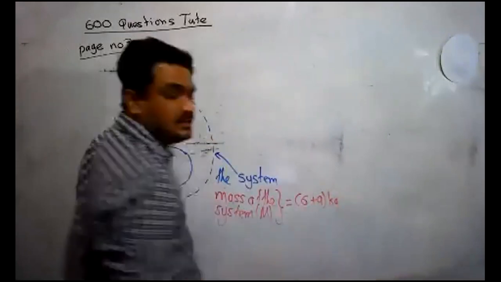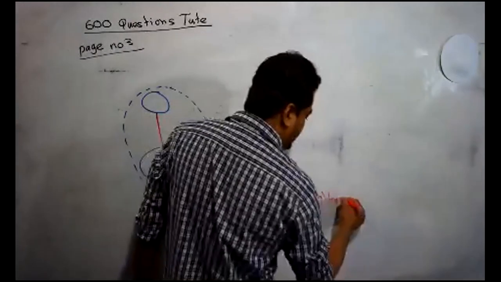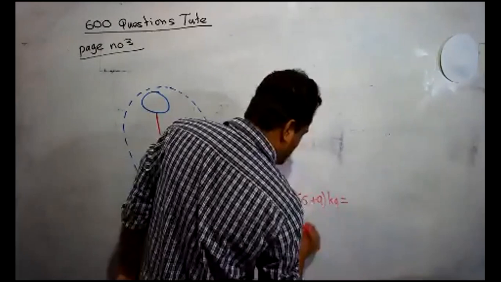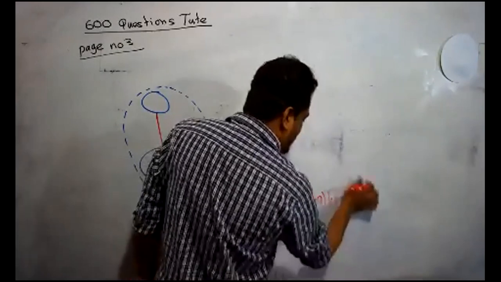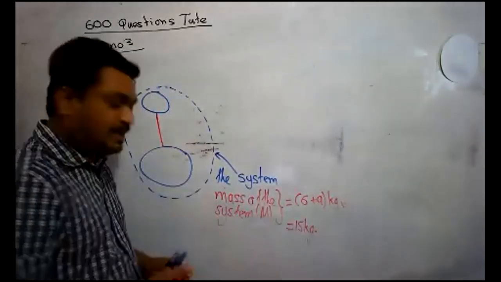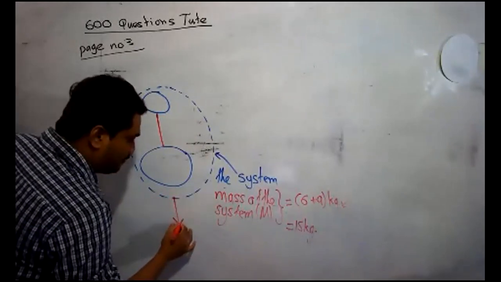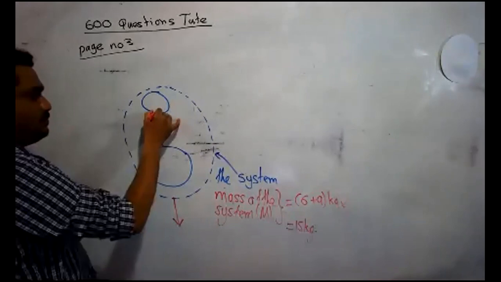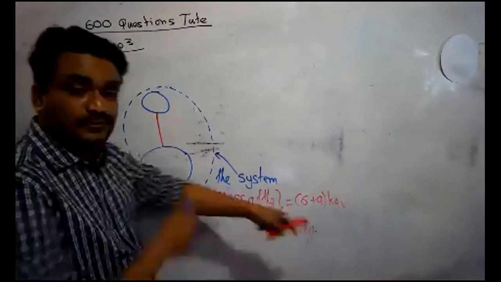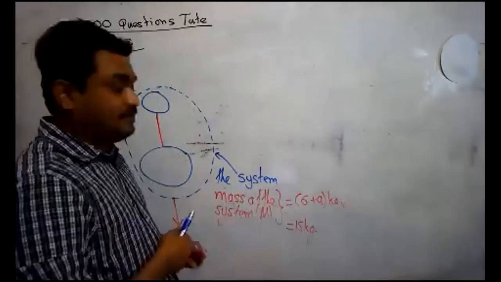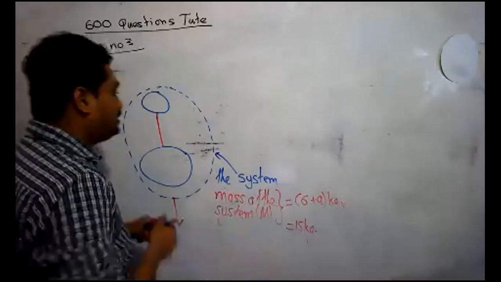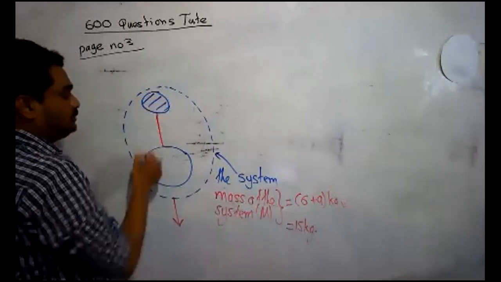Therefore, the mass of the system is 15 kilogram. So I have indicated the mass of the system by capital M. Therefore, the weight of the system. Somebody unmute the mic and tell me, if the mass of the system is capital M, what should be the weight of the system?